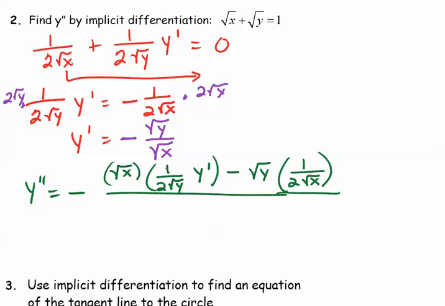And square the denominator, so that becomes x to the first power, squaring the square root. And like the previous problems, we don't want this y prime here, so we're going to replace it with our y prime value. So let's see what happens when we clean up this fraction.